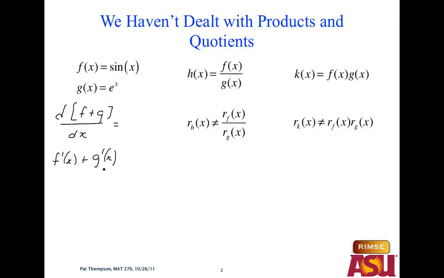We got our wish with sum and difference. But it's not so easy if you have a quotient of two functions; it's not the quotient of the derivatives. Thousands of calculus students through the ages have tried to make it the quotient of the two rates of change. It's not. Similarly with the product.